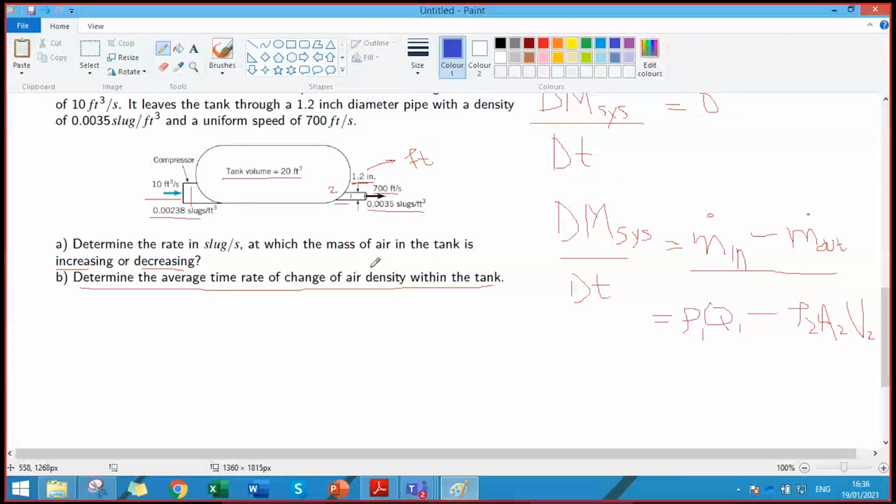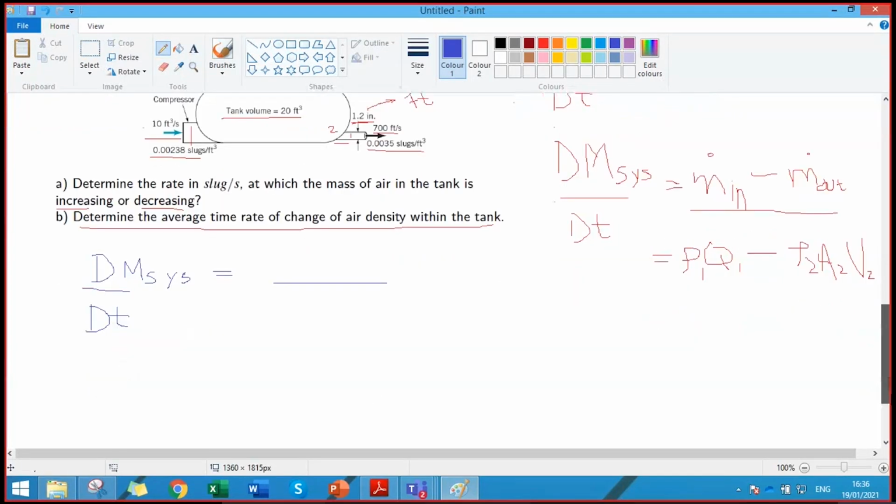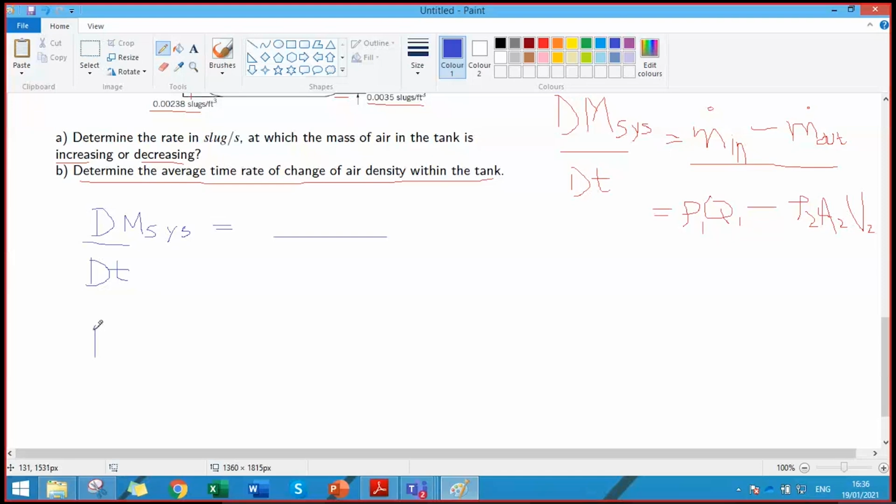Sir, for that, time will be needed, meaning whatever change there is in the mass flow, from that we will find the time. We have calculated this term, right? dm system by dt. We know this term now from the calculation. And if I write it like this, the mass of the system is basically a combination of two parameters.